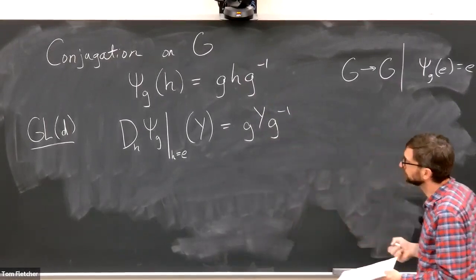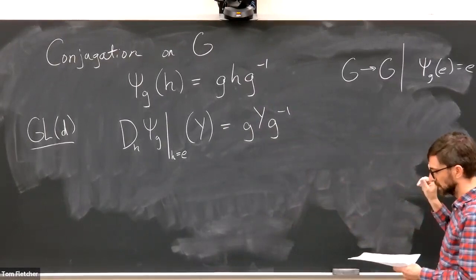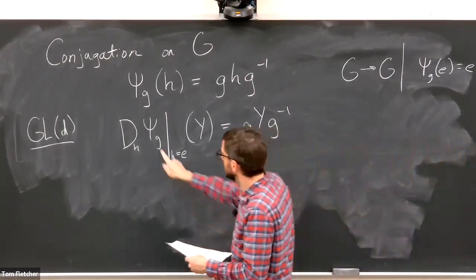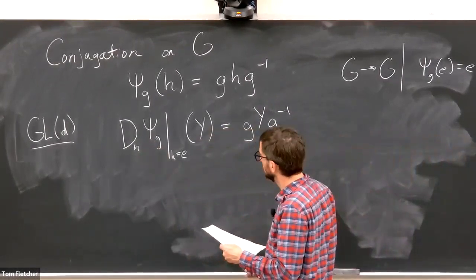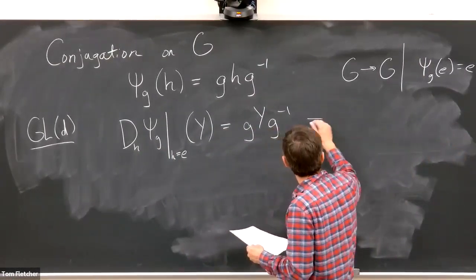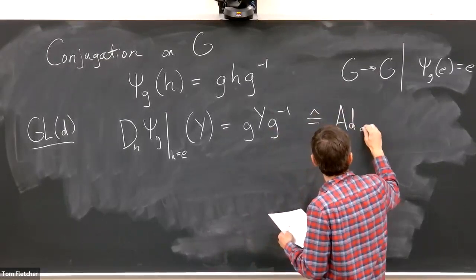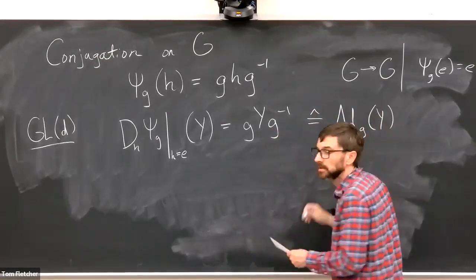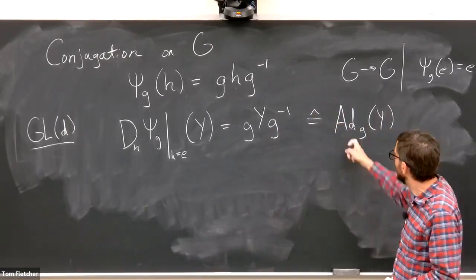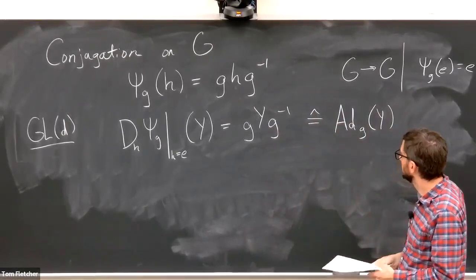Okay. And now the second trick I'm going to do is take another derivative of this thing. I'm going to give this a name. I'm going to call this mapping the big Ad mapping of Y. The Ad is for adjoint.